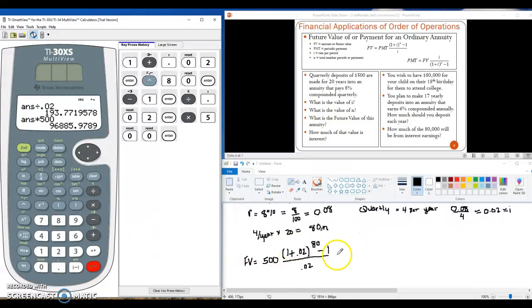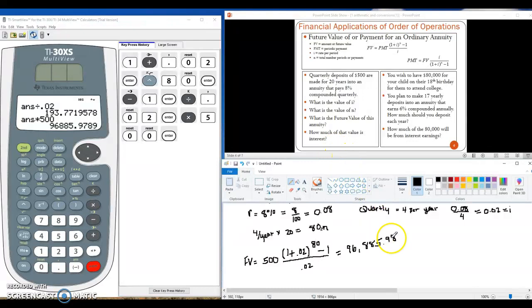So the future value of this annuity is $96,885.98. It's pretty good.